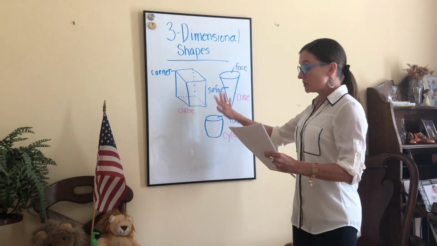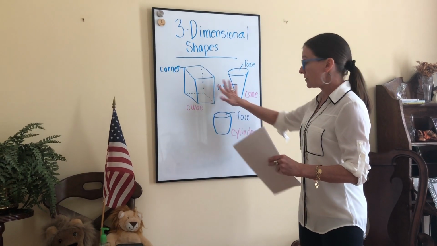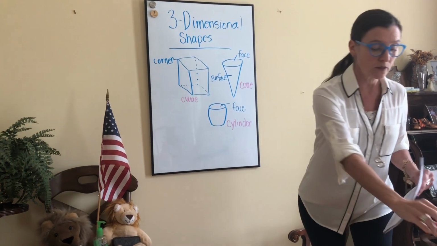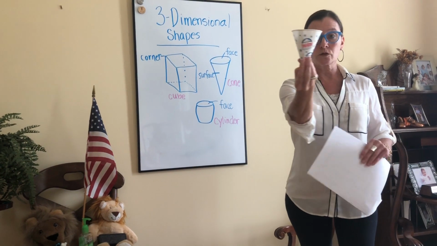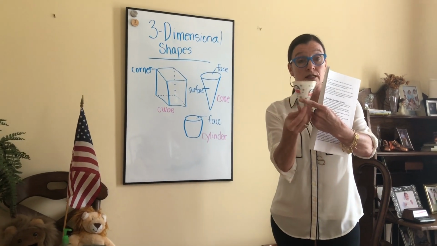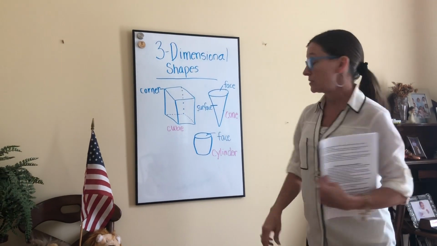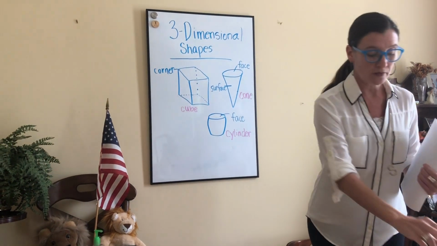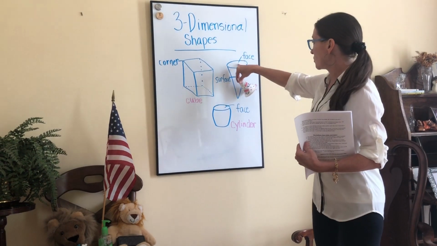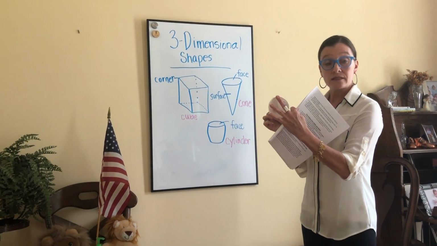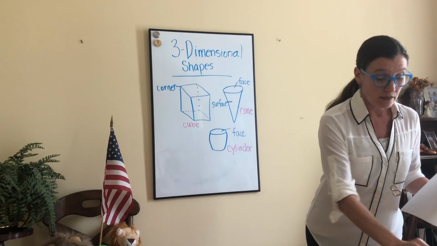So the skin, or the outside covering of the three-dimensional objects, is called the surface. I mentioned that just a second ago. So for the snow cone holder, the cone, this is the surface or the skin, the covering of that three-dimensional shape. So we have that labeled here. And then the face of a cone, I've drawn it as best I can, pretty good. It's right here, and that's flat, okay?